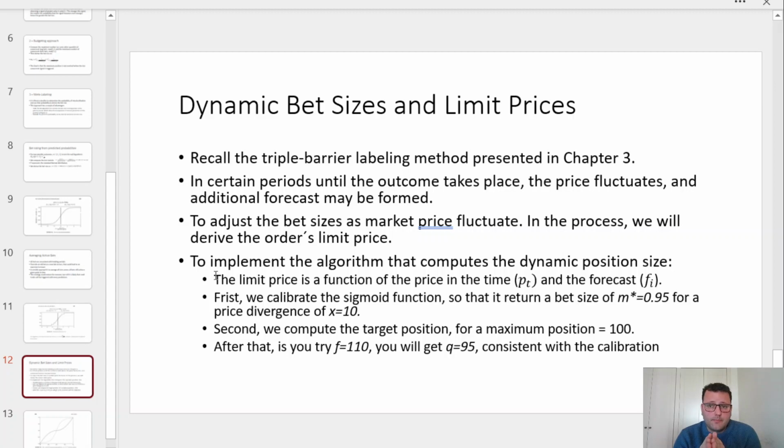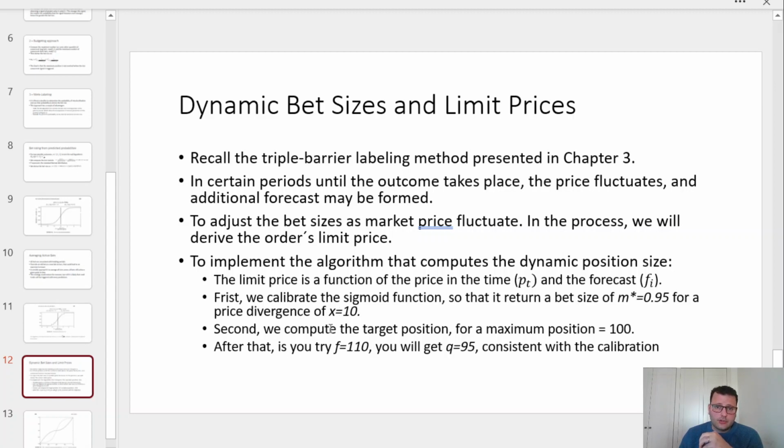So that will derive another limit price. So to implement the algorithm, compute the dynamic position. The limit price is a function of the price at time pt and the forecast f_i, as I said. So first we calibrate the sigmoid function so that it will return a bet size, in this example, no bigger than 0.95 for a price divergence of x equal 10.